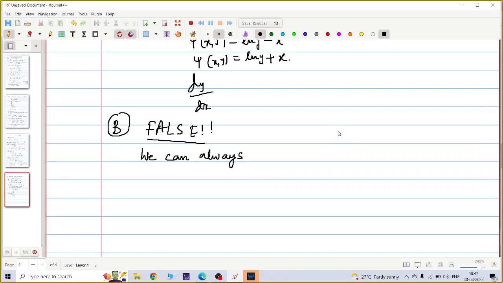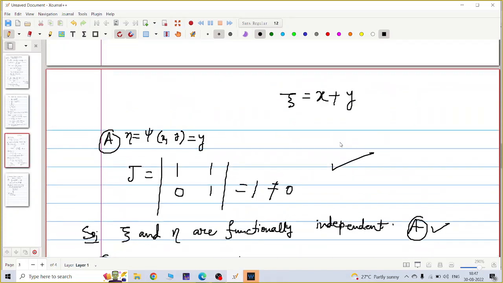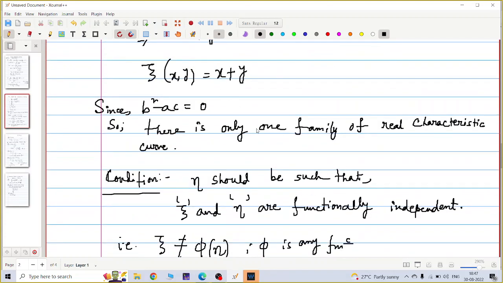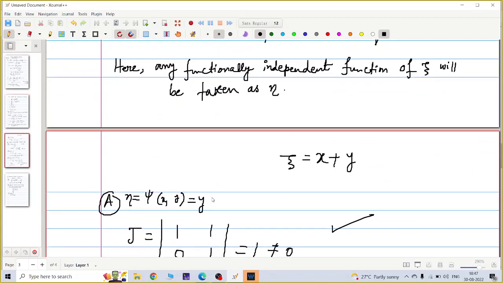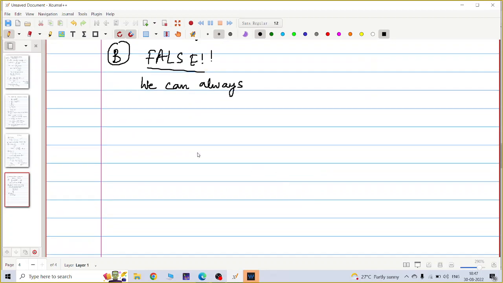As in my last example, in question number 4, suppose for option A, what I got? My phi is x plus y and my psi is y. So what is my equation in that case?